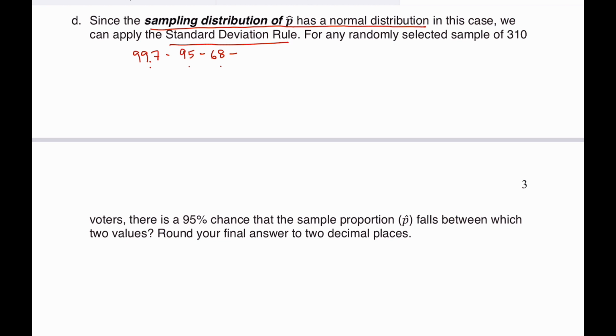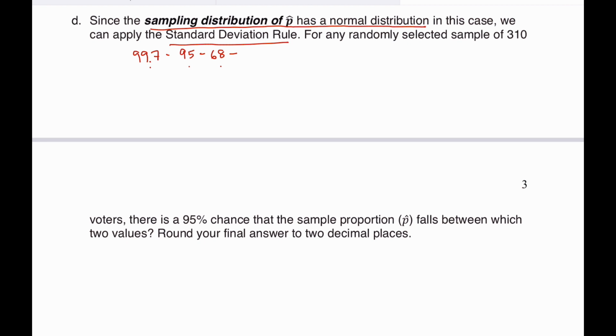So for any randomly selected sample of 310 voters, there is a 95% chance that the sample proportion p-hat falls between which 2 values. Round your final answer to 2 decimal places.